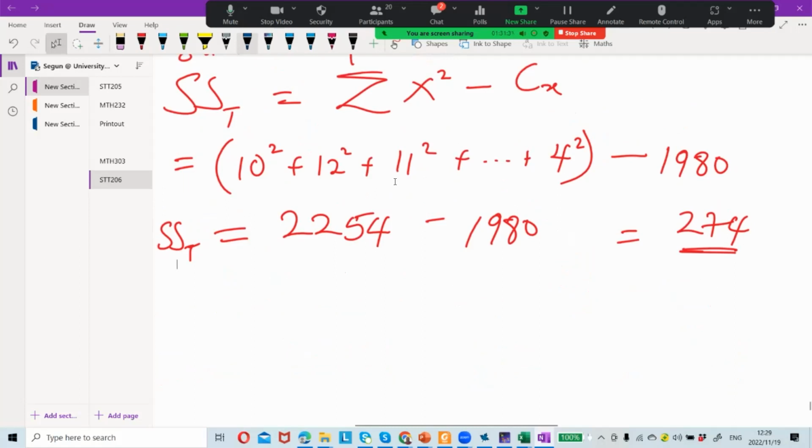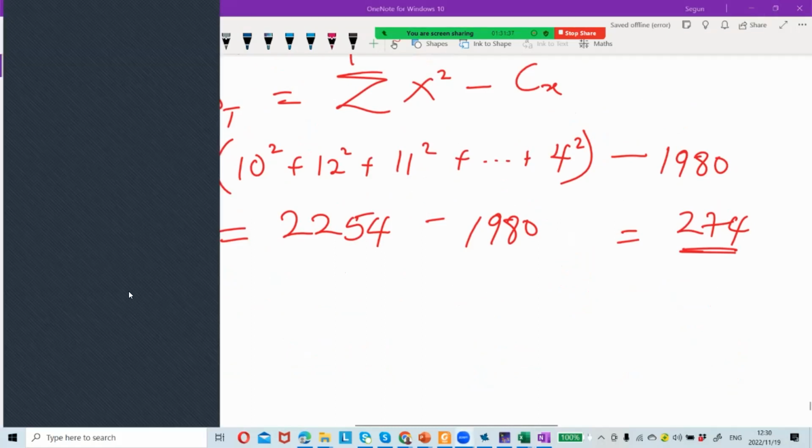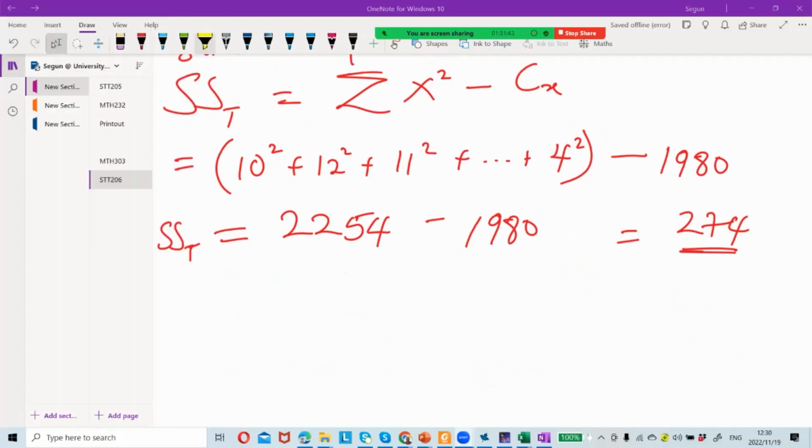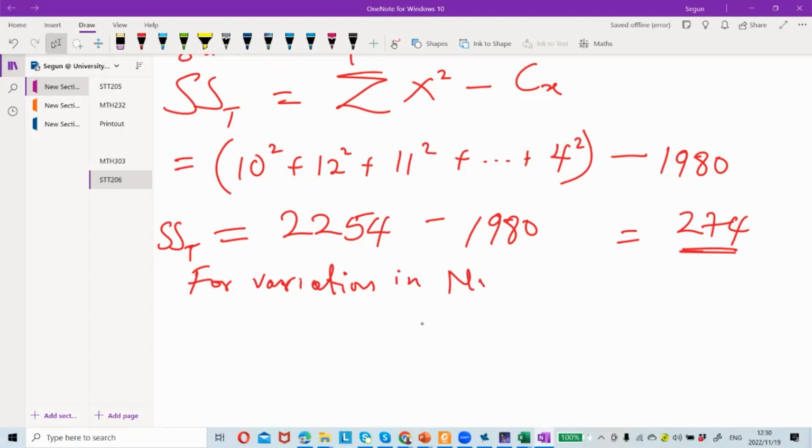Now, we need to check the variation one after the other. The variation in noise.